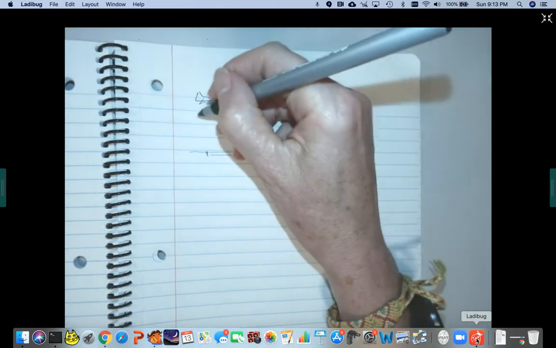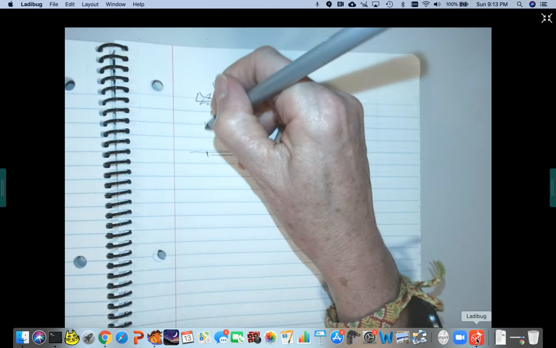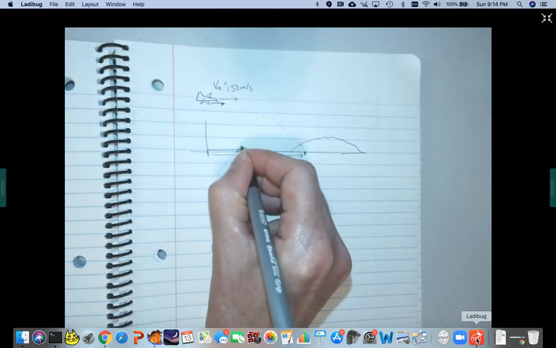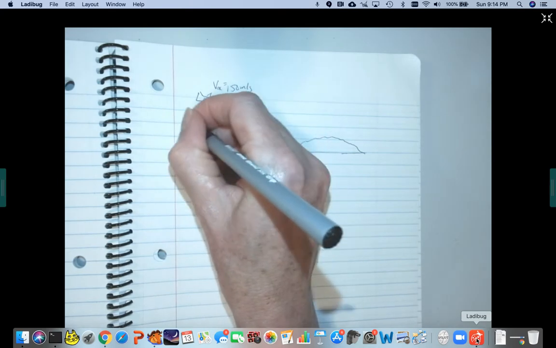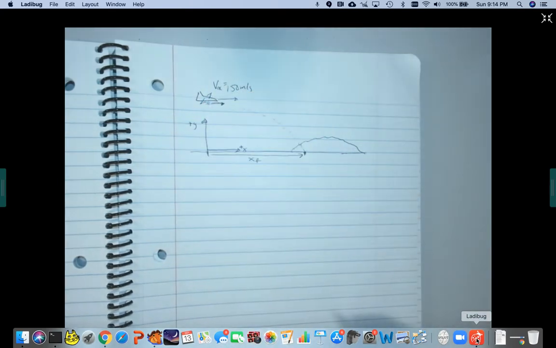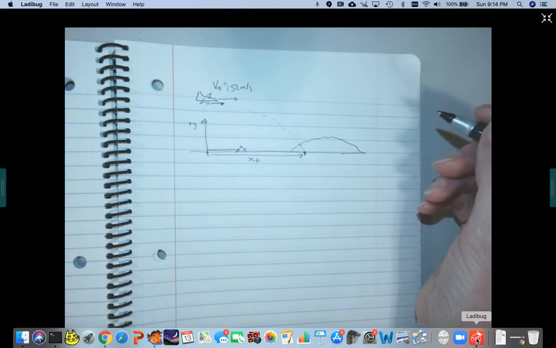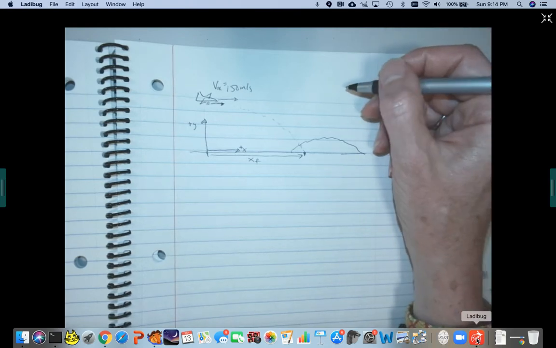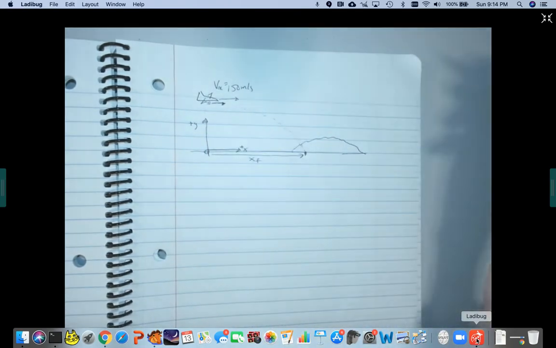Okay, and we're going to set up a coordinate axis. This one is plus x, this is my plus y. And then let's make a list of what we're given and what we need to find. I'm going to say that's my origin right there.